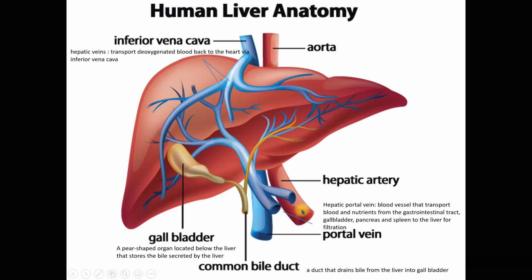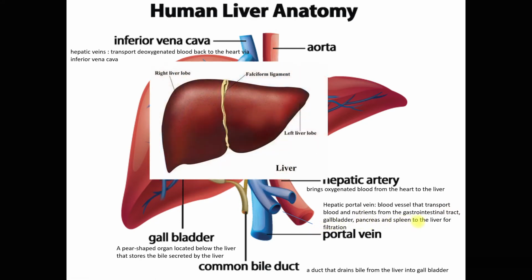Then we have this hepatic artery, which brings oxygenated blood from the heart to the liver. If you're wondering whether the hepatic portal vein transports oxygenated or deoxygenated blood, it should be deoxygenated blood, but together with nutrients from these organs that I mentioned earlier.